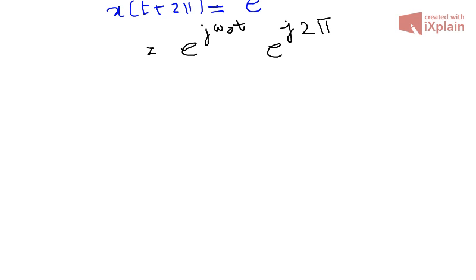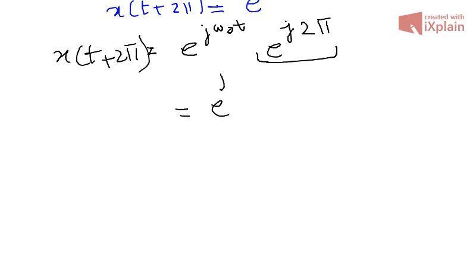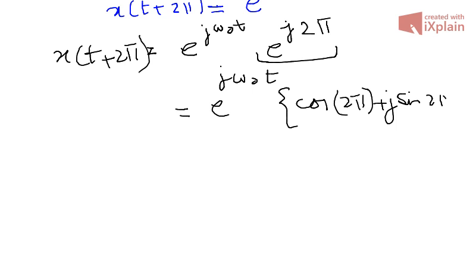This is actually the signal x of t plus capital T. Just substituting, this is equal to e raised to j omega naught t times cos of 2 pi plus j sine of 2 pi.